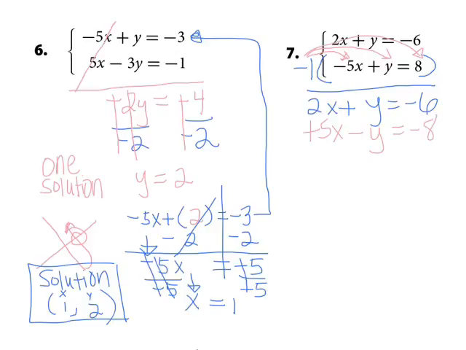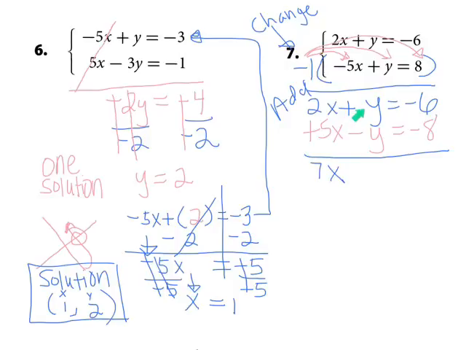Okay, once I add them together, now I'm going to add them. So we had to change this equation. We changed the equation to help us, and then we're going to add our equations together. So 2 plus 5 gives us 7x.